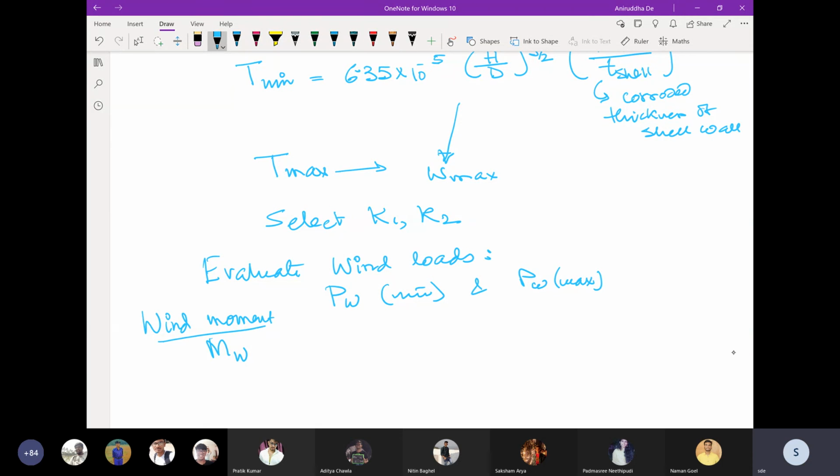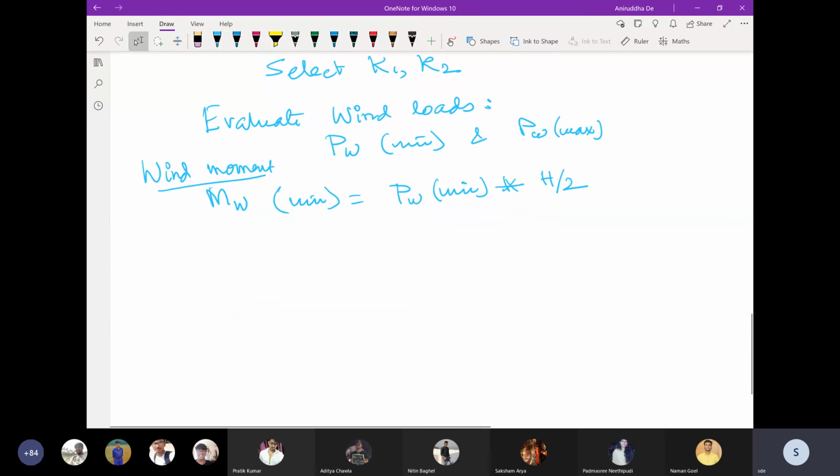MW minimum is PW minimum multiplied by h by 2, where h is the height of the vessel, and MW maximum is PW maximum multiplied by h by 2.